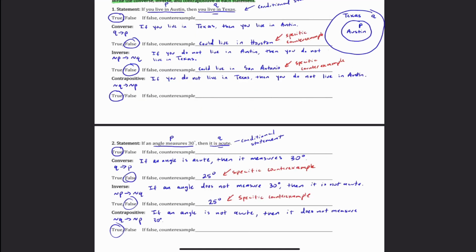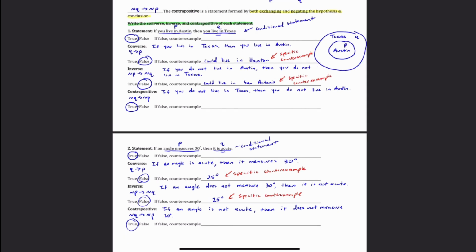Now I want you to look at 1 and 2 again, specifically their truth values. Look at this and look at this and take a moment to see what you realize here. What I want you to understand from this is that the conditional and the contrapositive will always have the same truth value. That also applies to the converse and inverse.